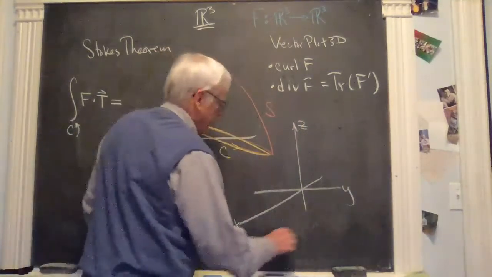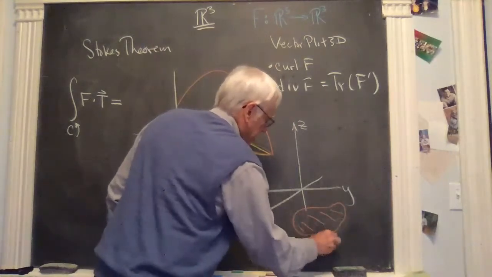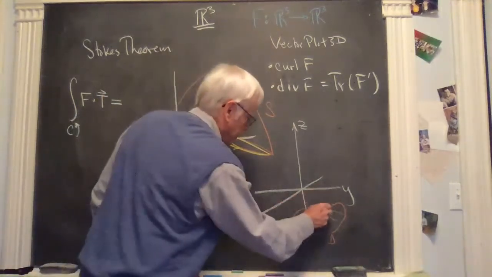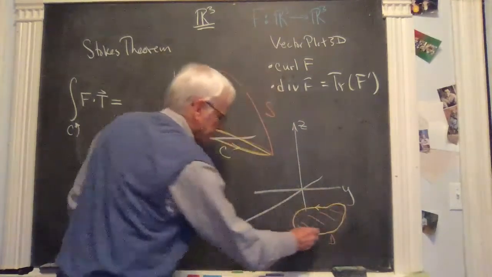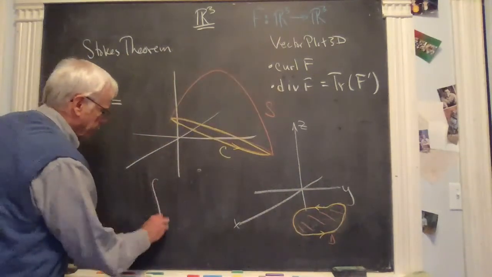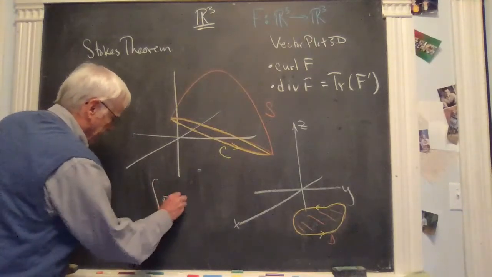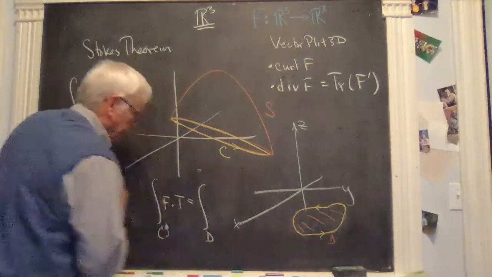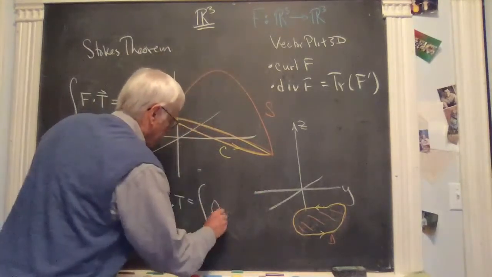So Green's theorem involves taking a region here, D, in two-dimensional space. So this is supposed to lie in the XY plane. It's got a bounding curve here. The two-dimensional version of Green's theorem says that the integral of F dot T around C is equal to the double integral over D of Q sub x minus P sub y.